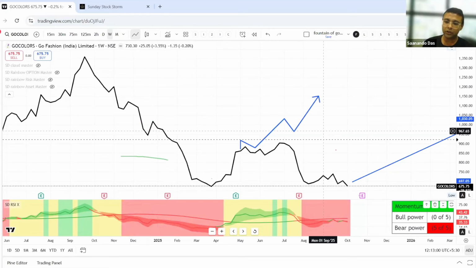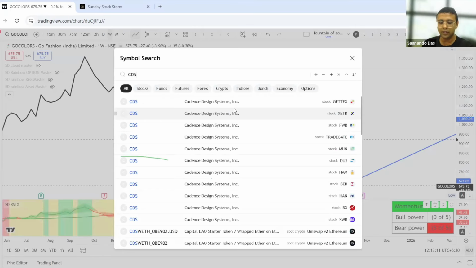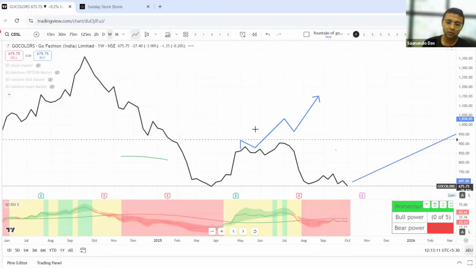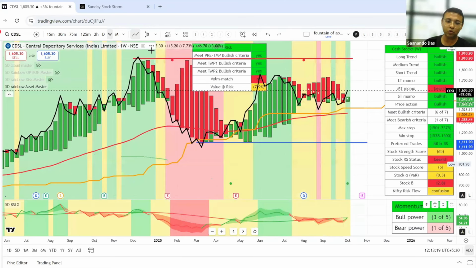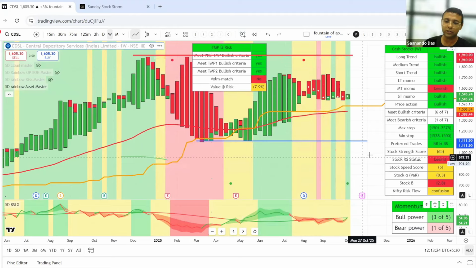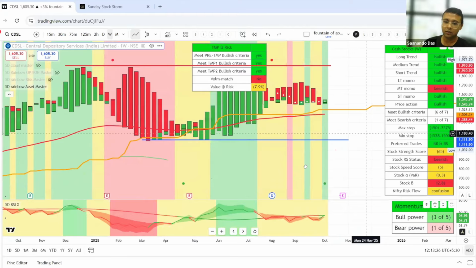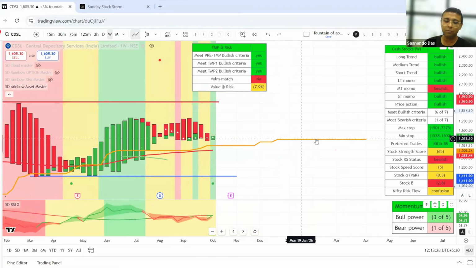So Go Colors is not a good one. Let's look at CDSL. It is creating a base, clearly can be seen. But is it ready to give a super run? Let's focus and see what the stock is suggesting. Stock is forming a good base.